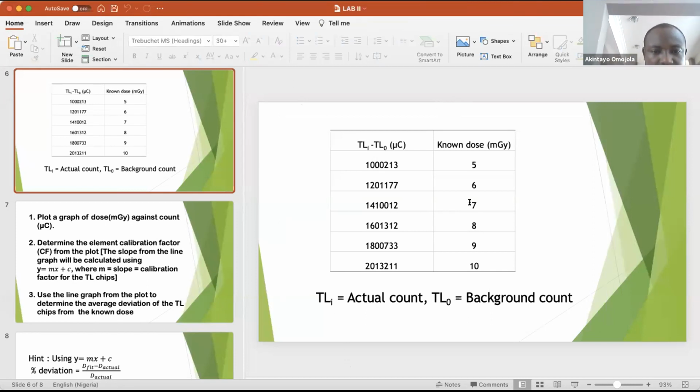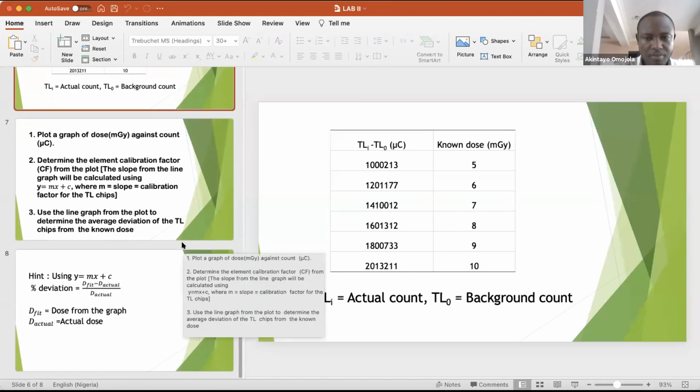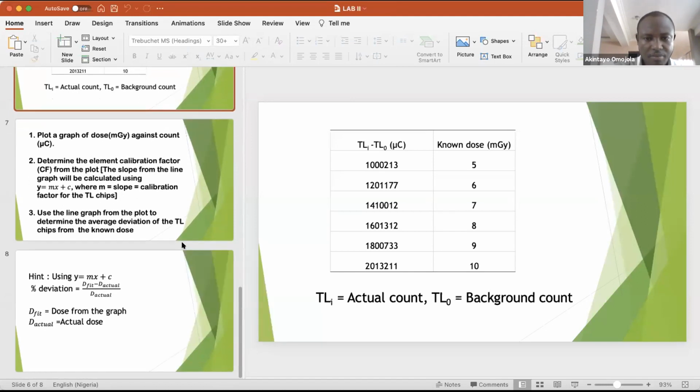I want to believe this is a bit easy. Anybody with a graph? Anybody with a graph?